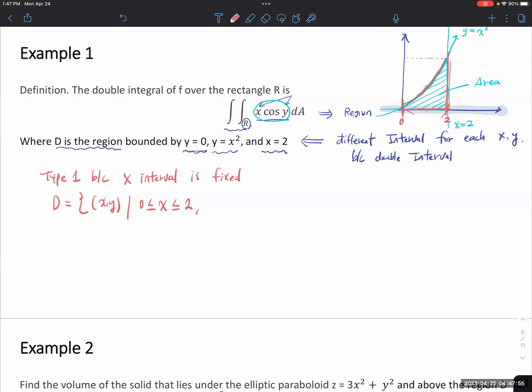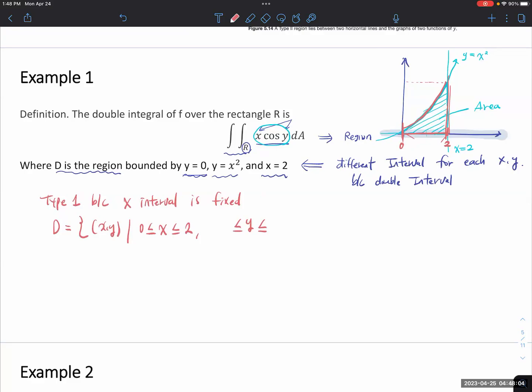How about the y? How can I find the y? So y is going to be between something and something. When you look at this, y depends on this function, y equal to x squared, right? So definitely it starts from 0, and then it stops at x squared. Because it's curvy, y is between 0 and x to the second.